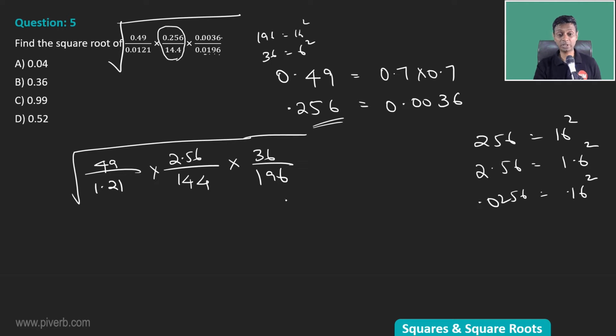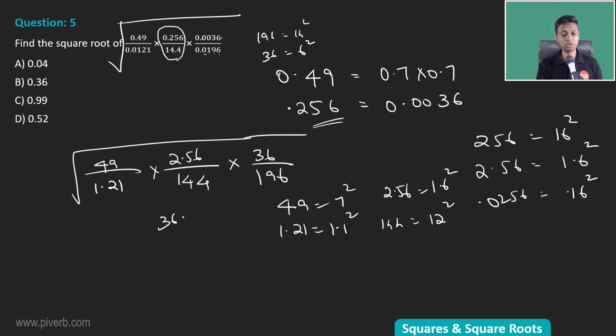Now this is simpler. 49 is 7 square. 1.21 is 1.1 square. 2.56 is 1.6 square. 144 is 12 square. 36 is 6 square. 196 is 14 square. We can further simplify this if we cancel out a bunch of terms.